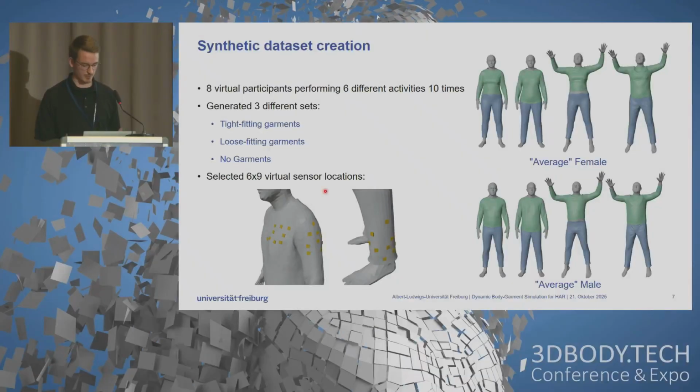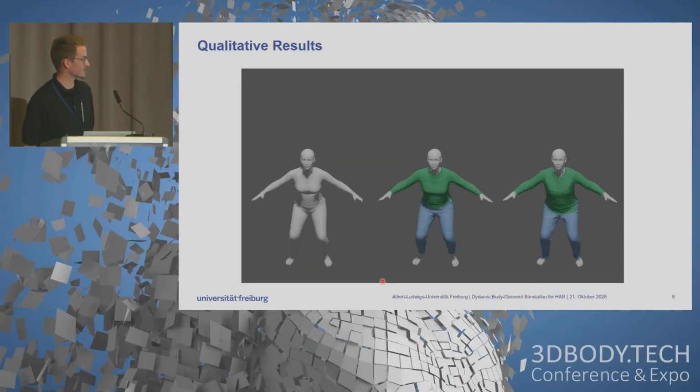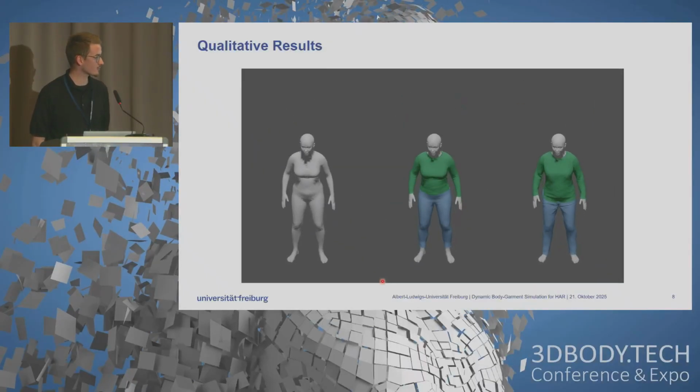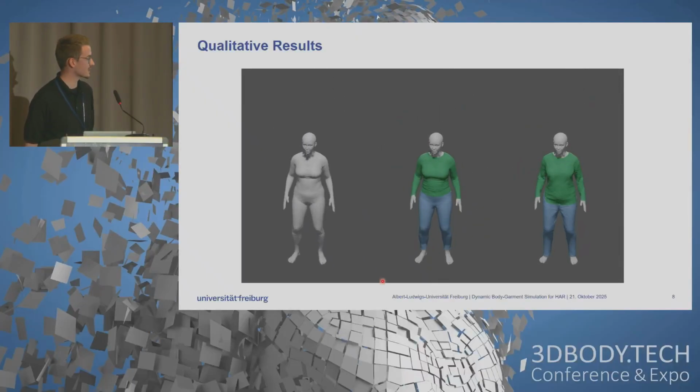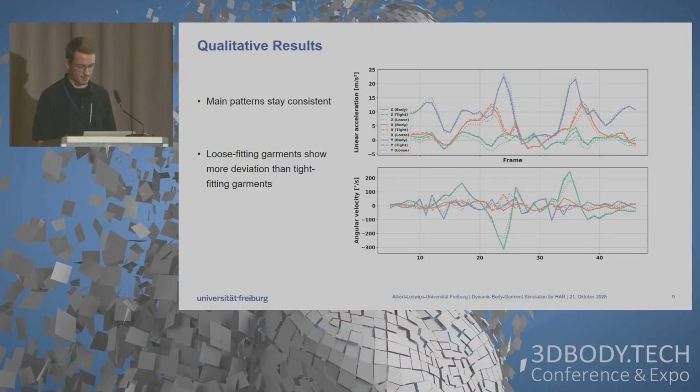For sensor locations, we use 6 locations in total, and for each location we also varied the placement, so we have 9 different placements. With one practical example, this is again our female average model, with the actual IMU data from 3 different data sets, and then we compare the different fits. Overall, the data looks quite similar. The main patterns are recognizable over all the different data sets, but we have some differences, especially for the loose, which you can see we've dotted at the peaks.